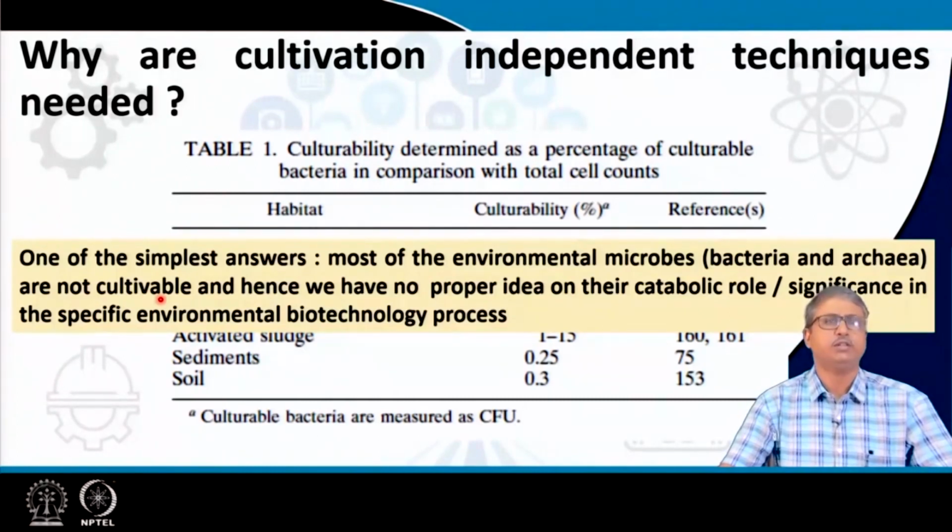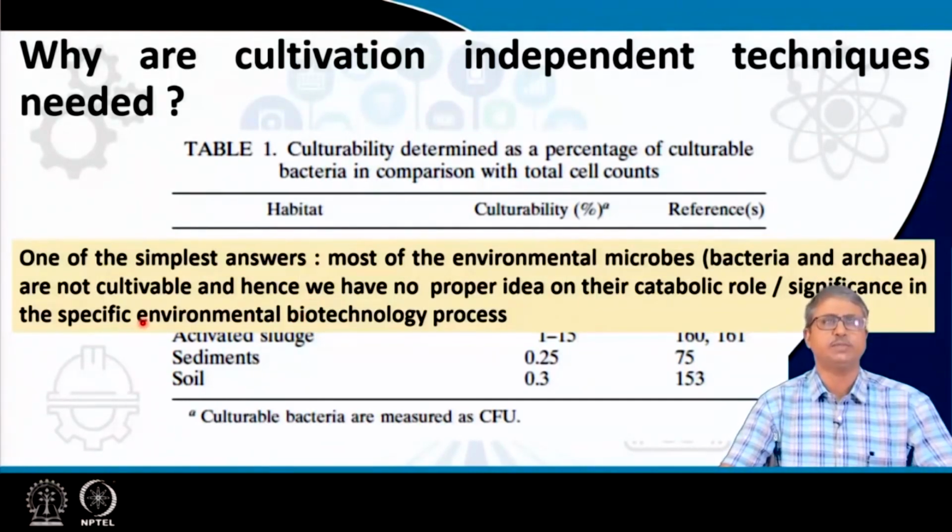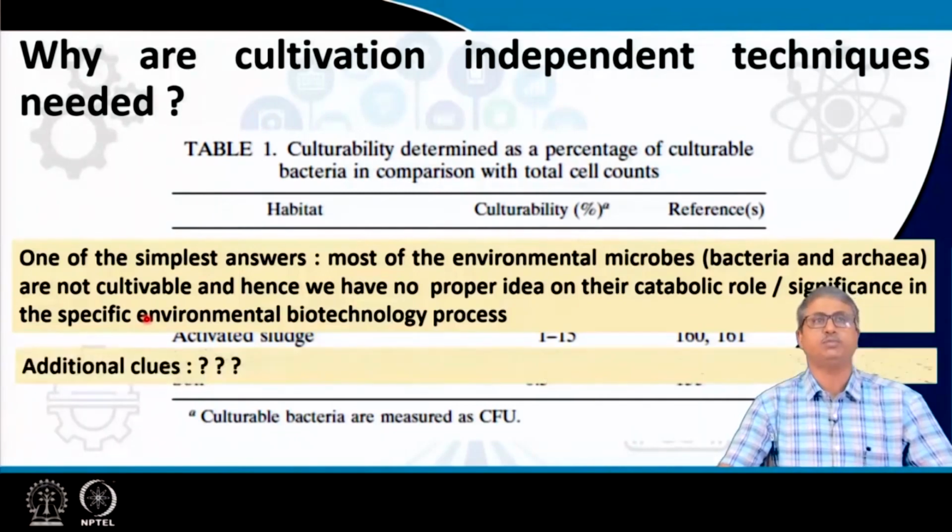That means they are not able to grow under laboratory conditions, and hence we do not have any proper idea of their catabolic role or their significance in specific environmental biotechnology processes.